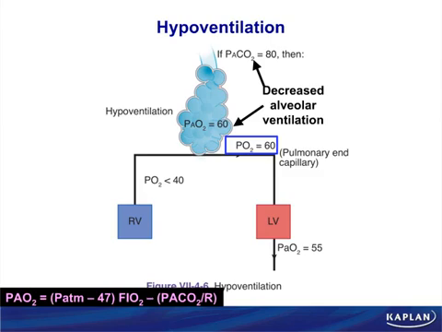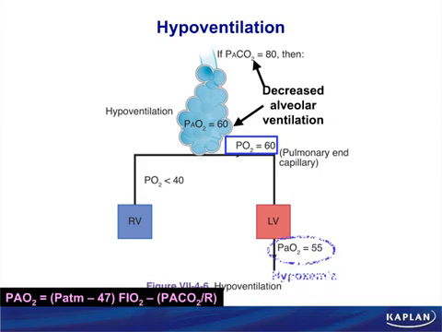Exactly. That's also going to create a low alveolar PO2. Now I can easily differentiate high altitude and hypoventilation: with hypoventilation, I'm going to have a high CO2; with high altitude, a low CO2 because I'm not hypoventilating.